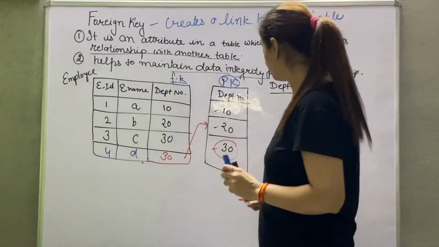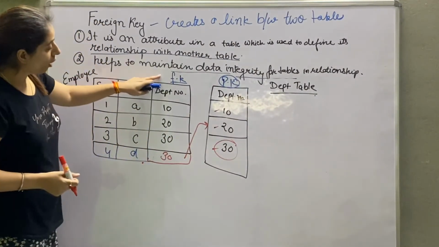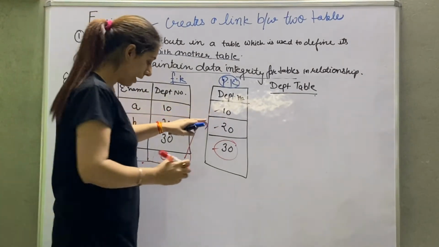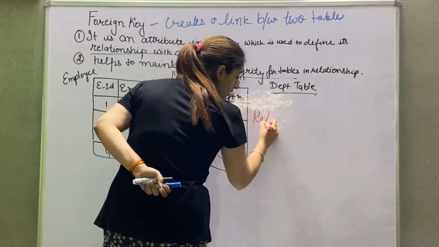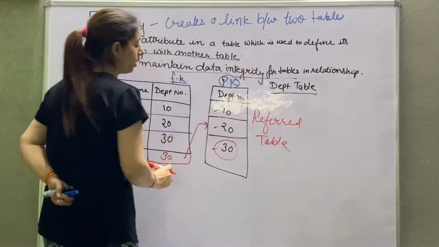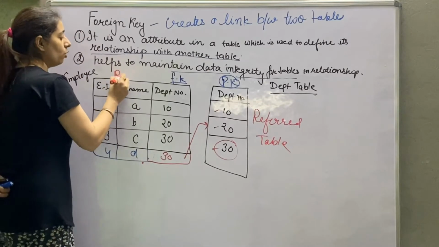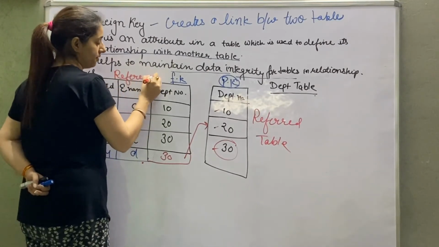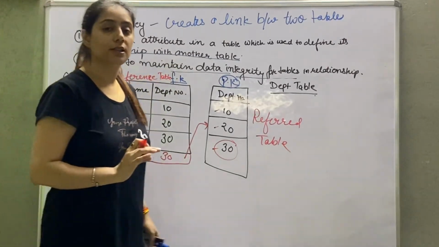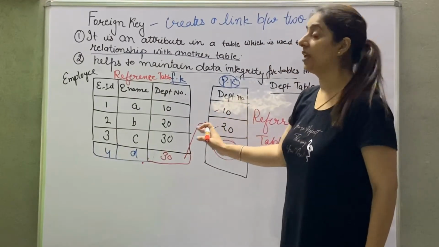Clear? Now, next thing: this foreign key is referencing this table, so this will be known as the referenced table, because the foreign key is referencing this table. I hope the concept is clear to you, what we are trying to do with the help of primary key and foreign key.